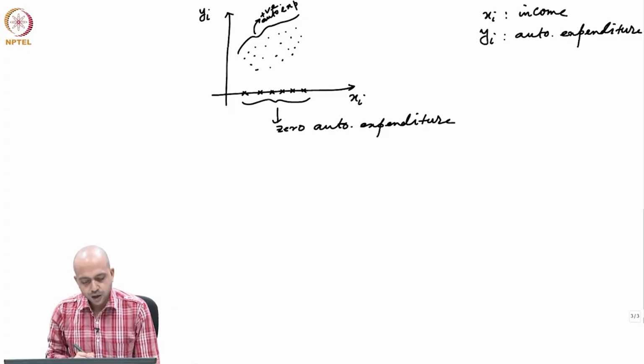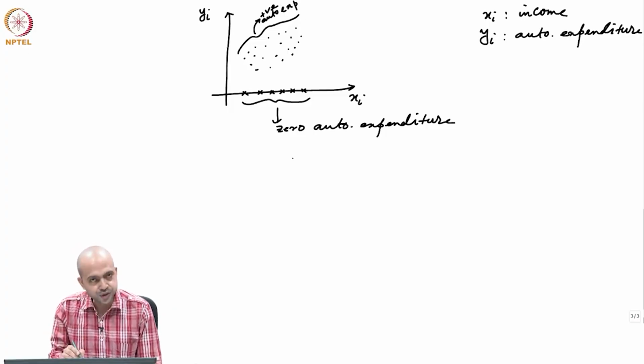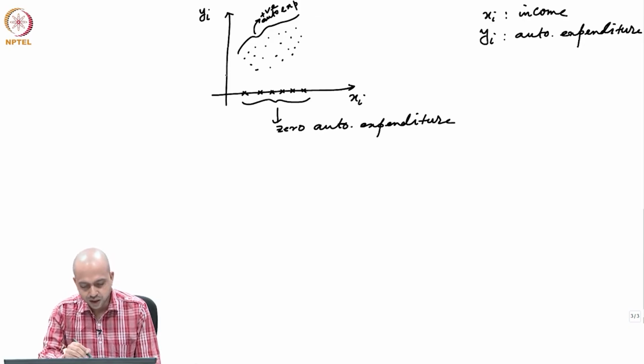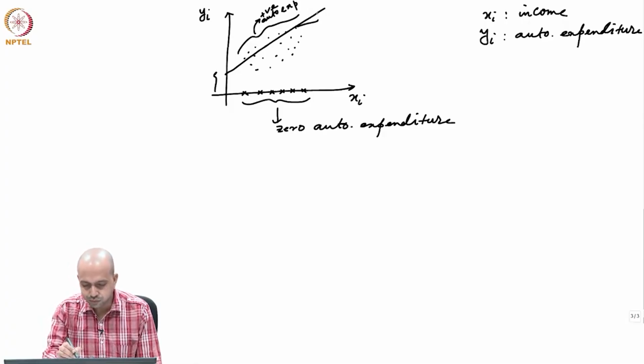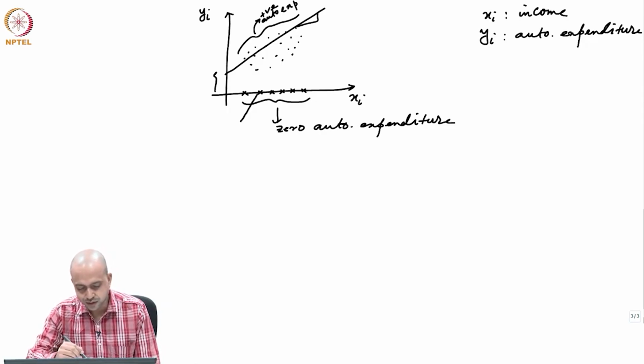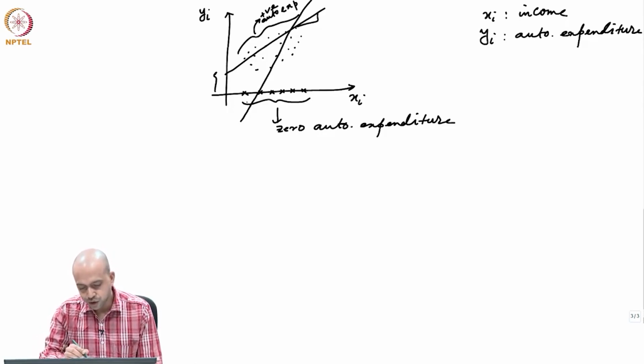Now, if you ignore these households with zero automobile expenditure and run the regression, obviously your regression would be something like this with this intercept and this slope. But if you want to take the entire set of observations with positive as well as 0, then your regression function should be something like this, because now you have to represent the entire data set covering the 0 observations as well as the positive.